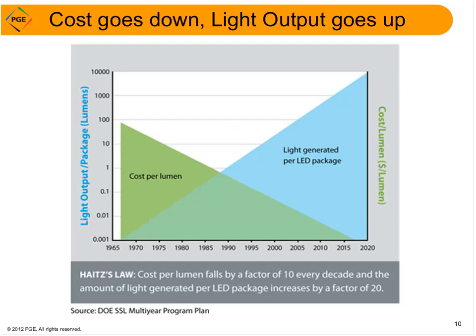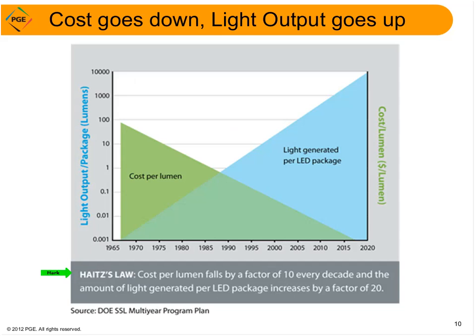This chart illustrates the historical and predictive trend of LED light output and cost. You can see that costs are going down at the same time that the light being generated is going up. This predictor of this relationship is called Haitz's law. It's similar to Moore's law that you may have heard for computer chips.